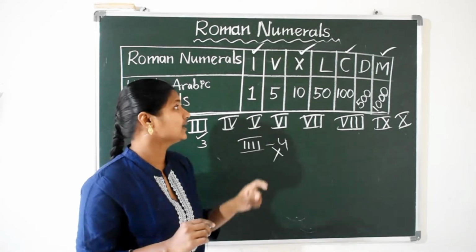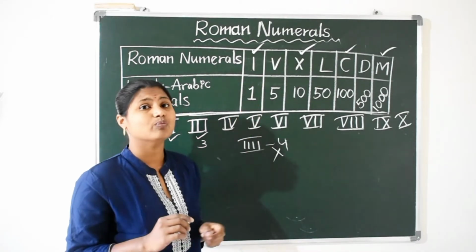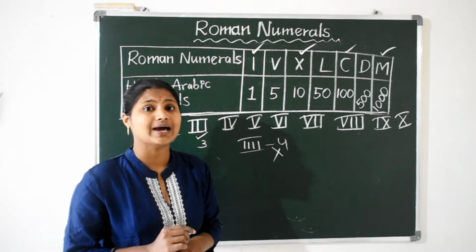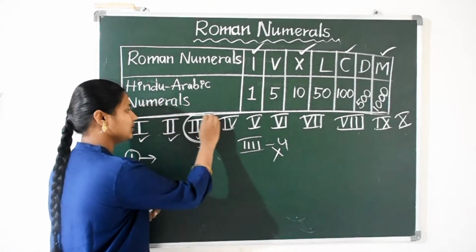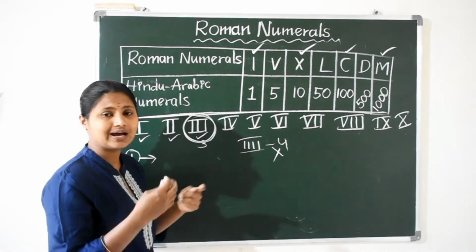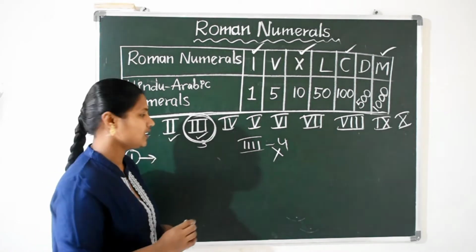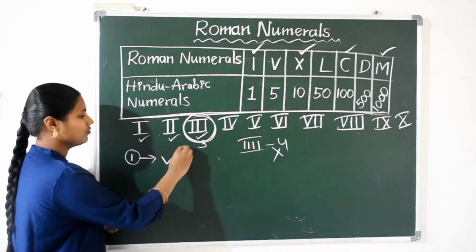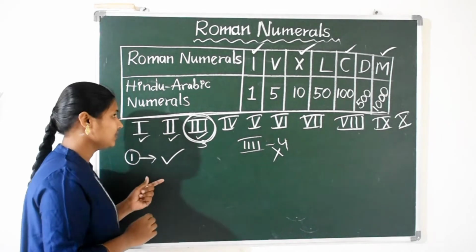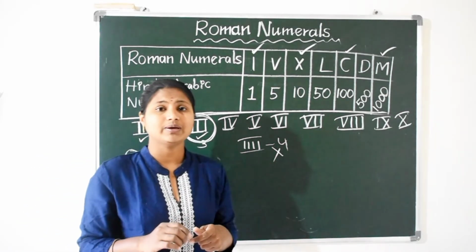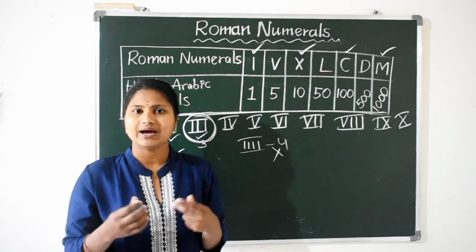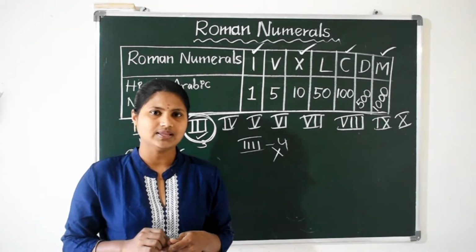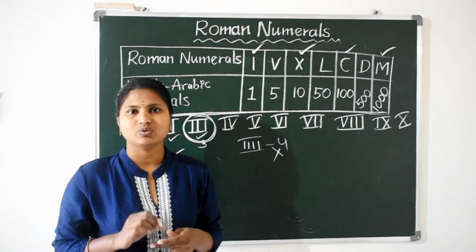A letter can be repeated only a maximum of 3 times, not more than 3. Okay, that is property 1, rule 1.